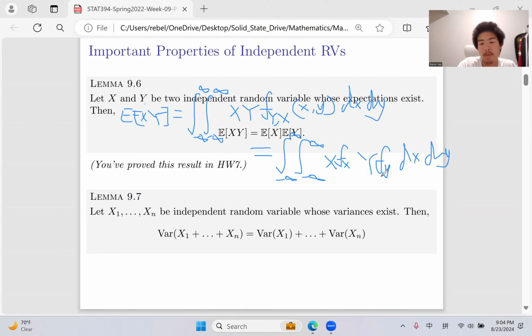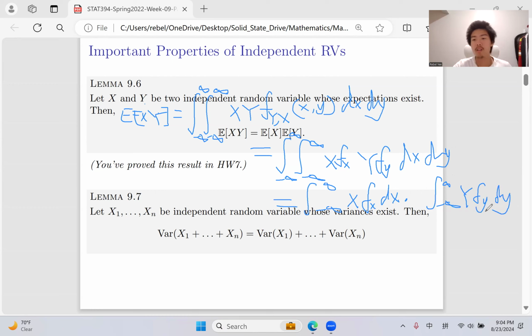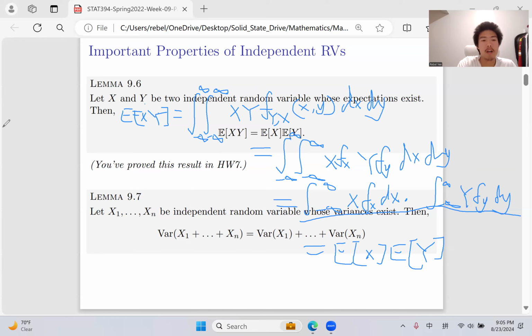Now, because they are separated out, we can do one further step, which is to put the x terms together and then the y terms together, right? So that will be our next step. So it's y times the marginal density of Y and dy. And what this is, remember, is just the formula of the expected value of X and the expected value of Y. So we have reached this formula in the continuous situation.